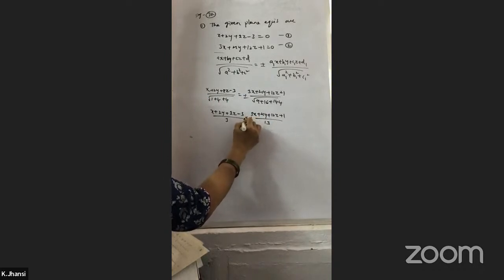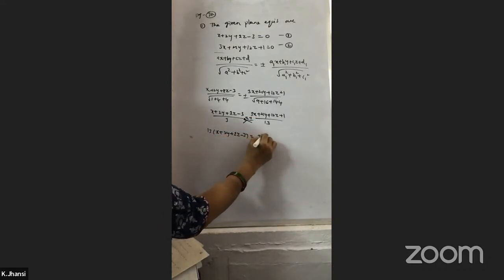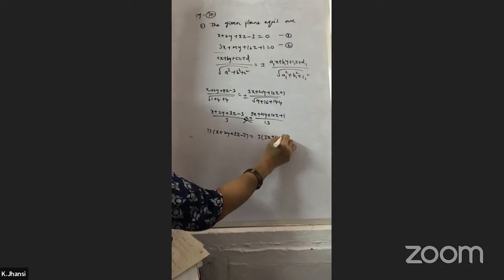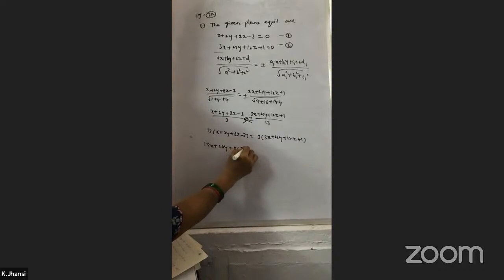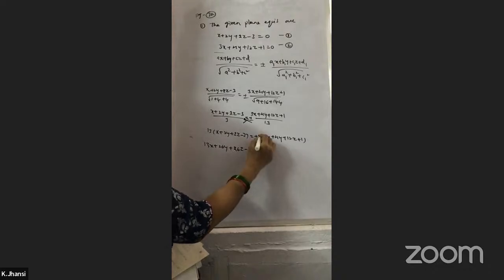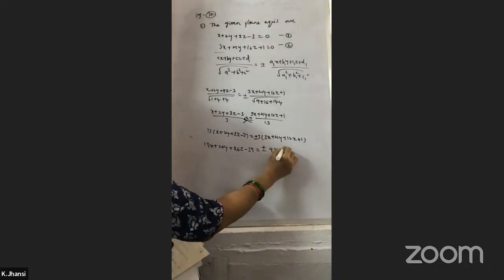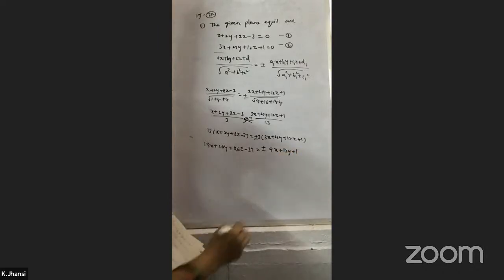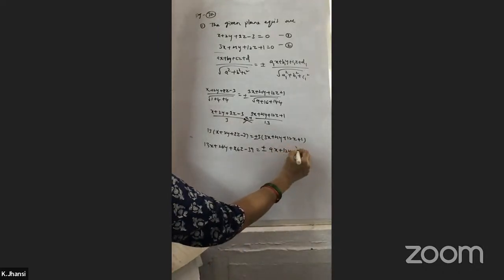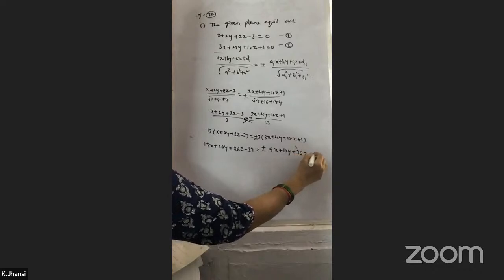Okay. Now you do the cross multiplication. That is 13 into x plus 2y plus 2z minus 3 is equals to plus or minus 3 into 3x plus 4y plus 12z plus 1. So if you multiply 13, 13x plus 26y plus 26z minus 39 is equals to plus or minus, 3 3s are 9x plus 4 3s are 12y plus 12 3s are 36z plus 3.